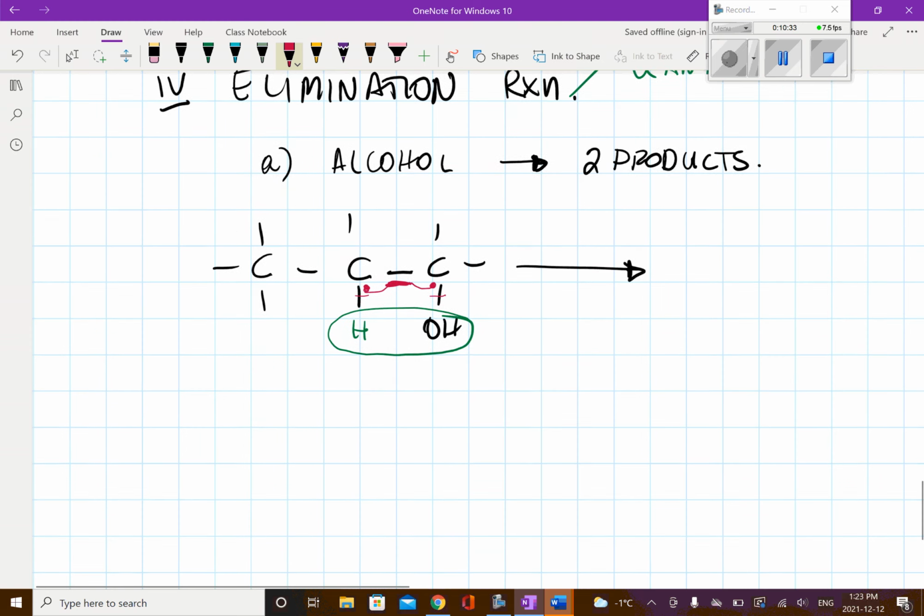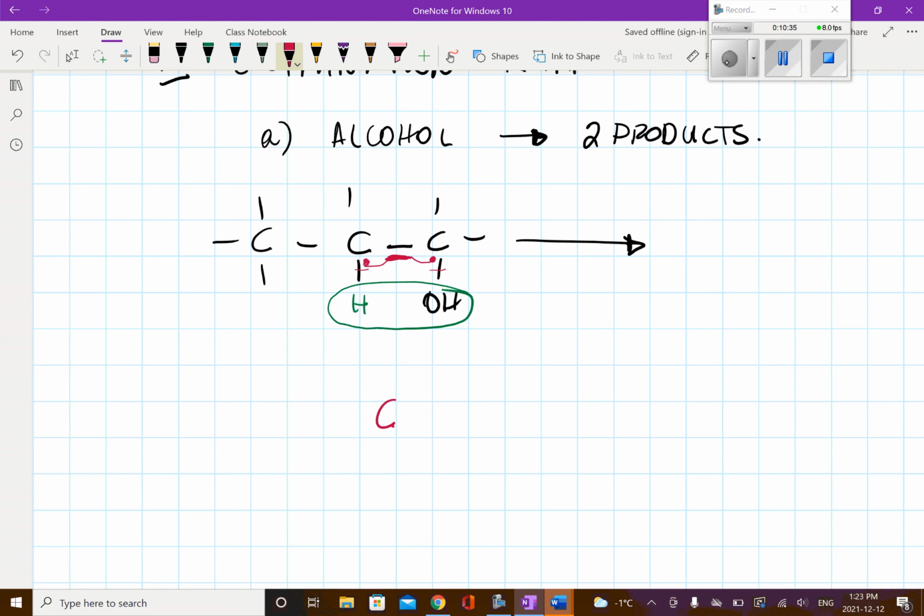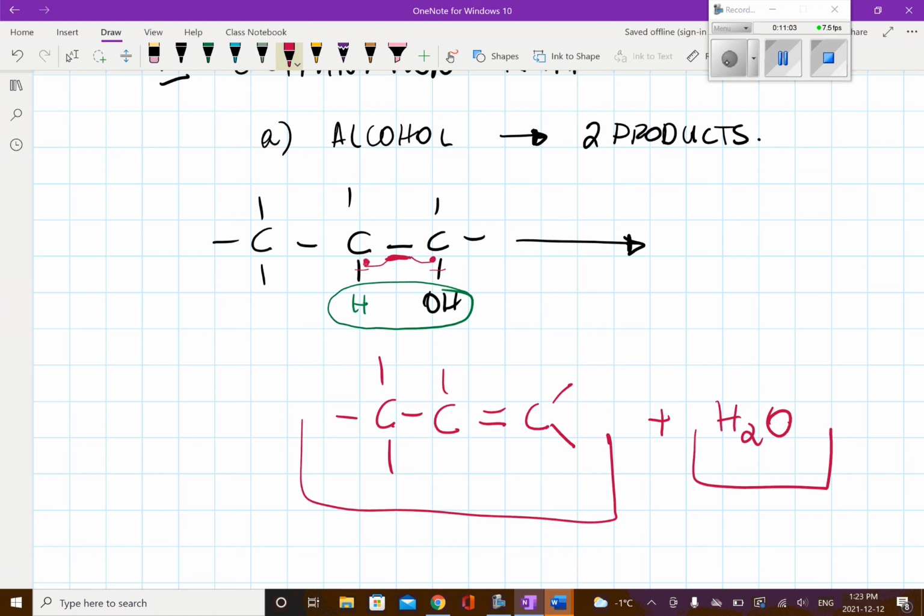So you will see carbon, carbon double bond, carbon, and then two hydrogens here, one hydrogen here, and three hydrogens here. But don't forget that when hydrogen and hydroxyl group are eliminated from the reactant, water is produced. So here you go, we have an alkene and water, two products that are formed.